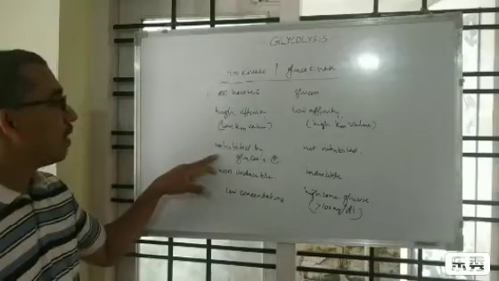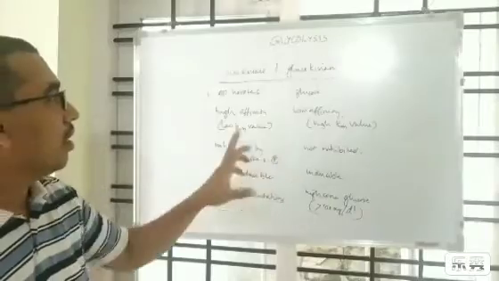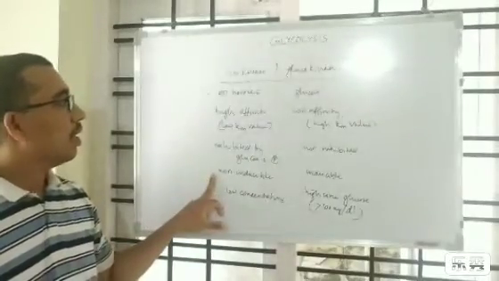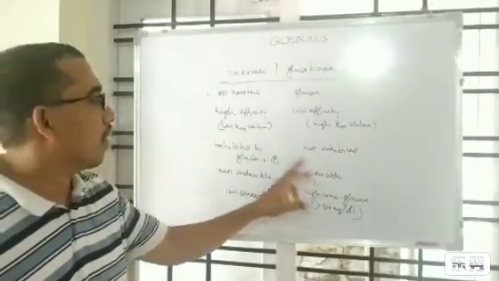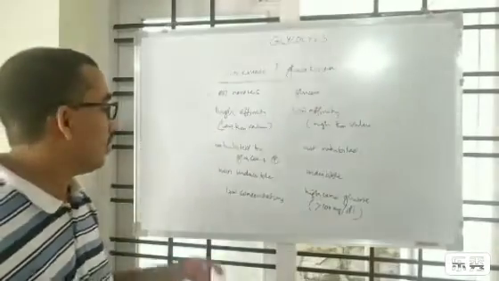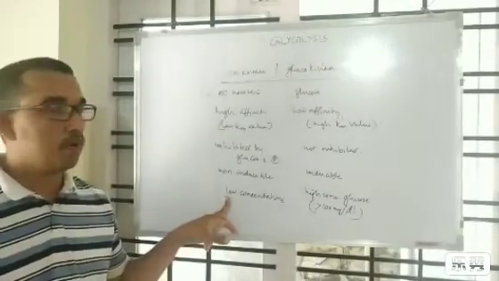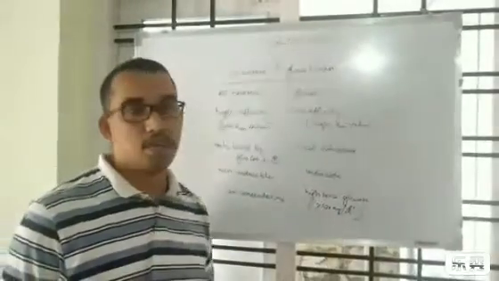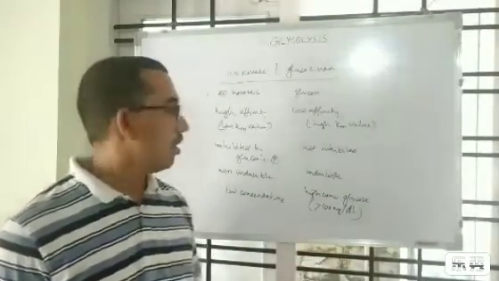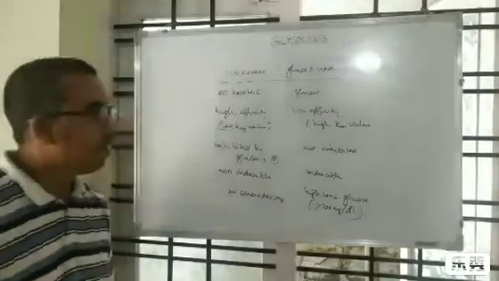Hexokinase is inhibited by glucose 6-phosphate, but glucokinase is not. Hexokinase is non-inducible, but glucokinase is inducible. Hexokinase acts at low concentrations of glucose, but glucokinase acts only at high concentrations of glucose, that is above 100 milligram per dl.